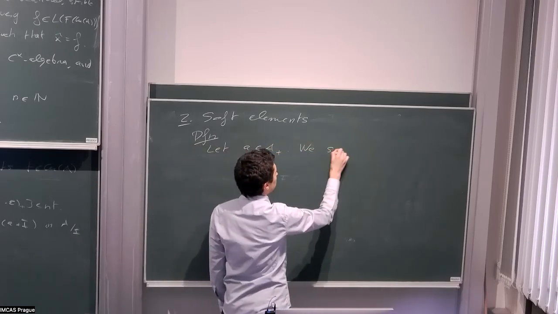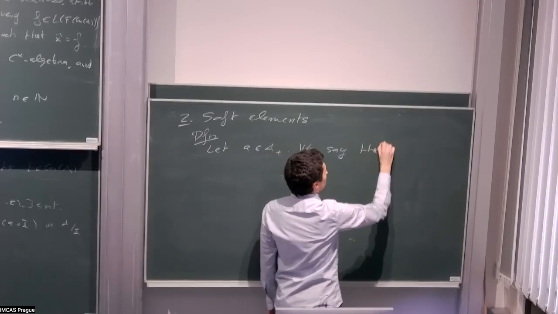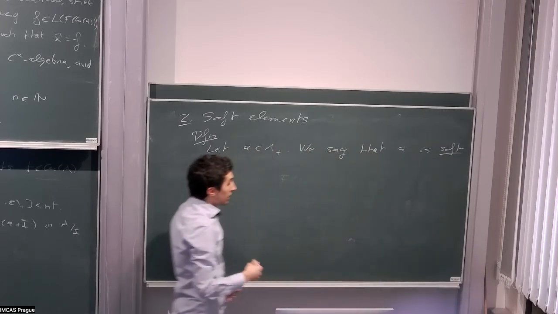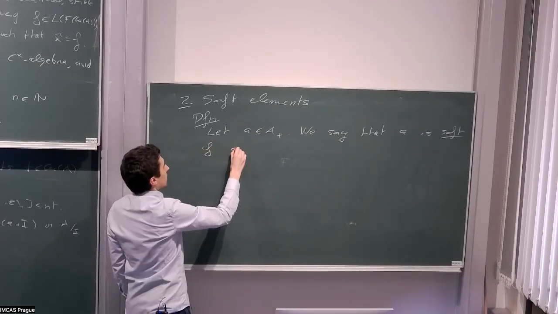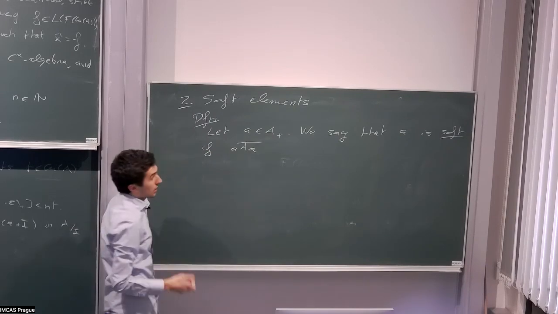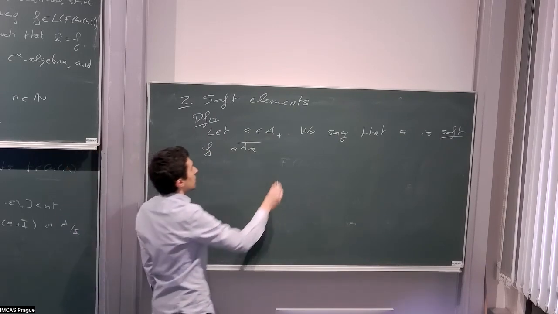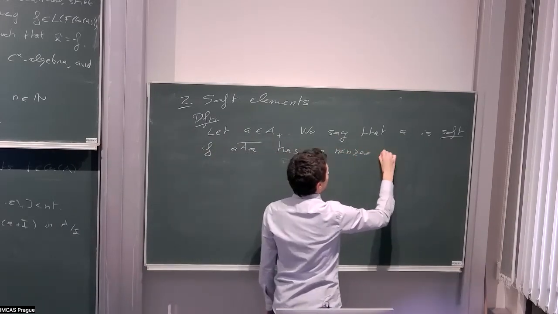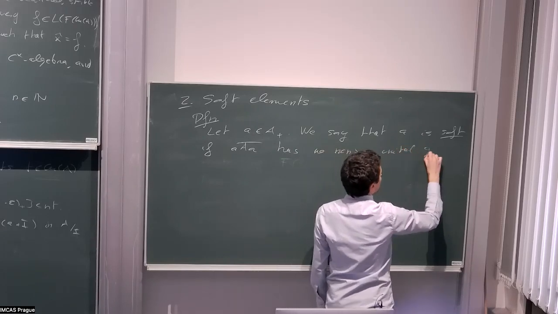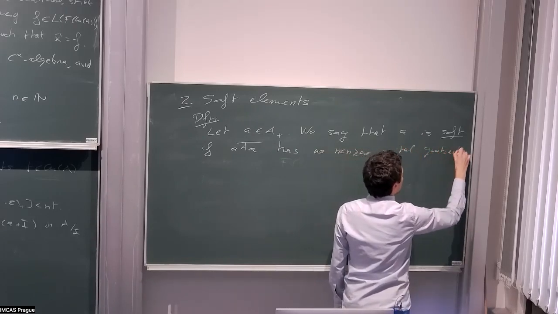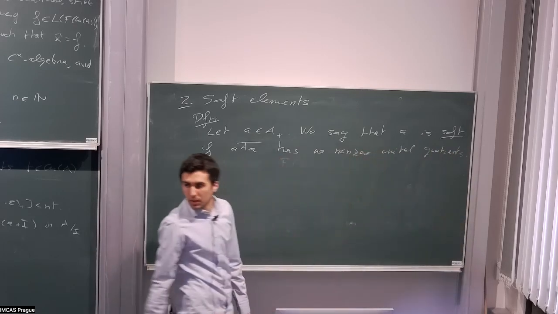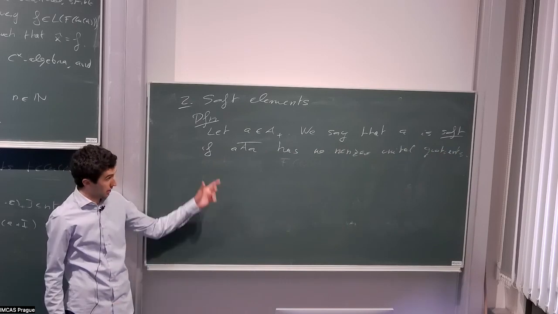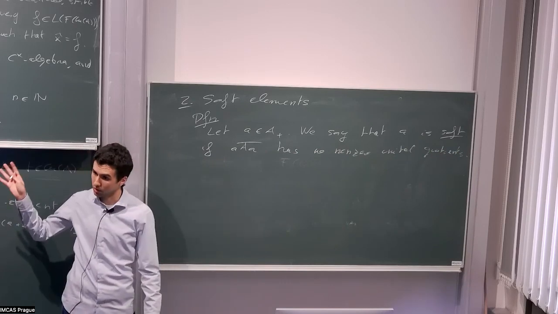Then we say that A is soft if the hereditary subalgebra has no non-zero unital quotients. So this is the notion of softness that we propose. And well, as I will state in a second, this actually coincides with all these things when you have stable rank 1.